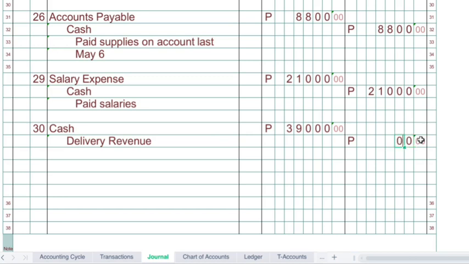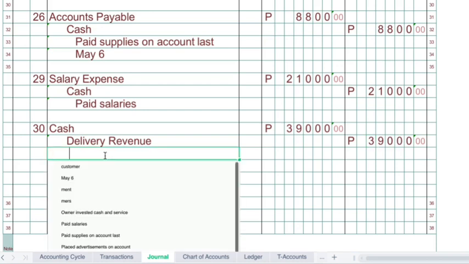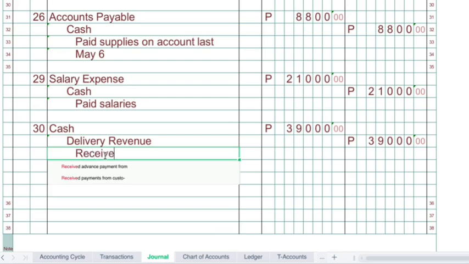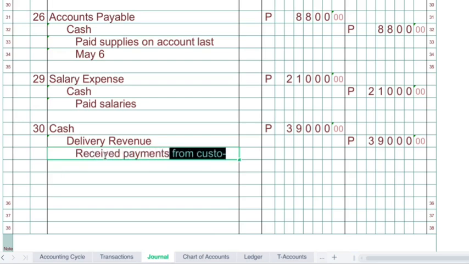So revenues increase on the credit side. Short description, we receive payments from customers.